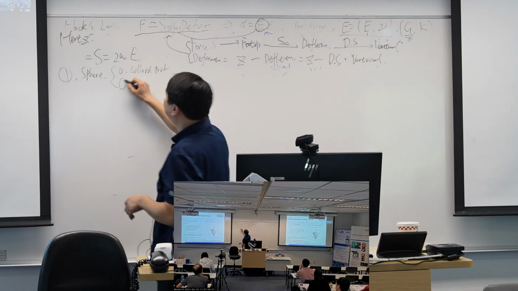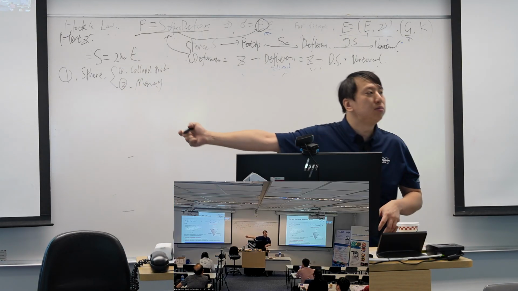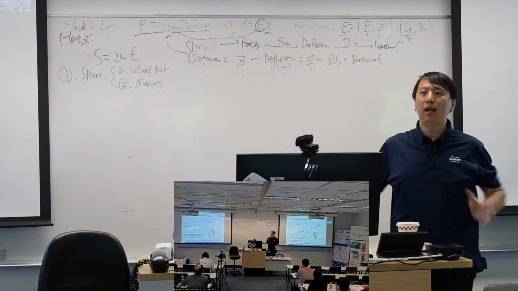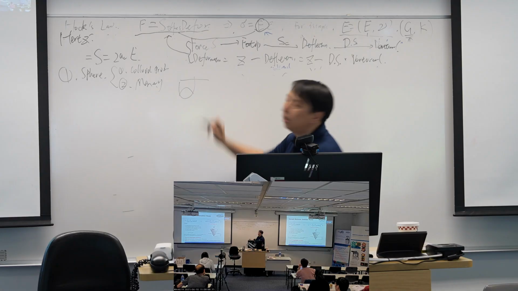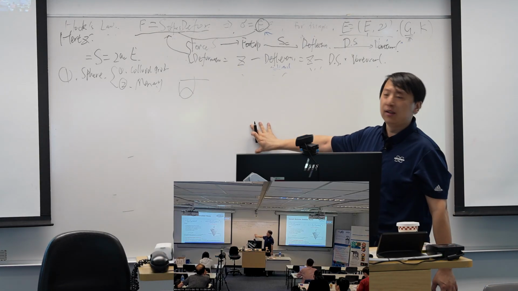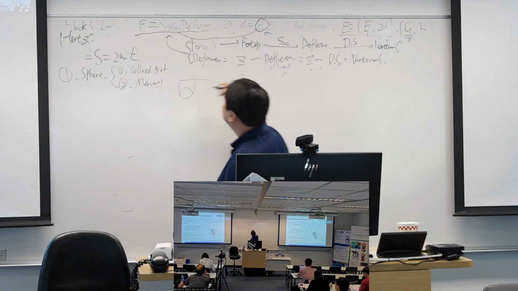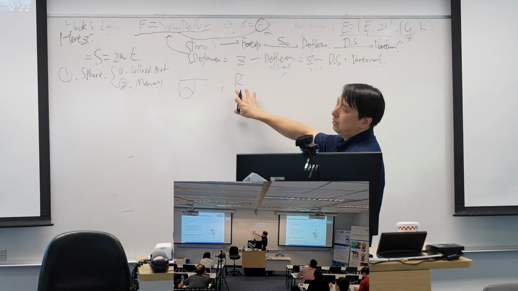Or you can buy this kind of probe, where the end of your probe is already a sphere. In these two situations, the radius of your probe is defined.